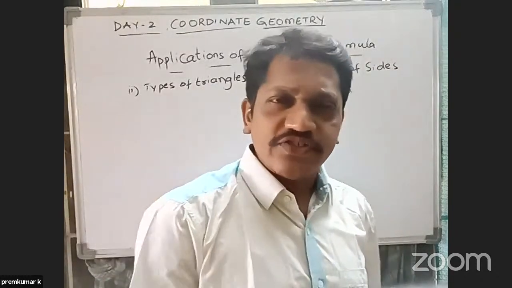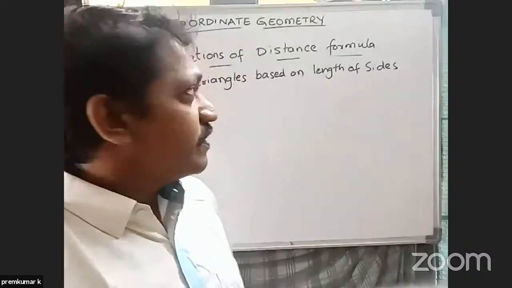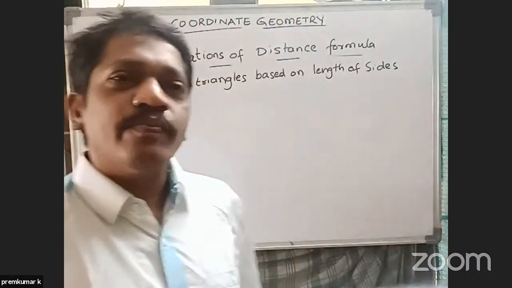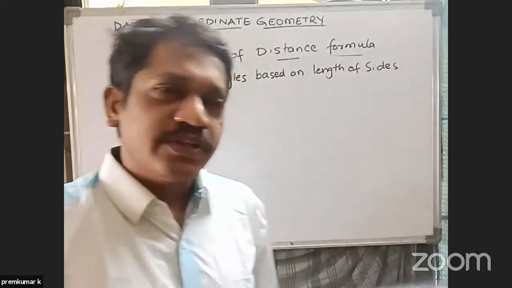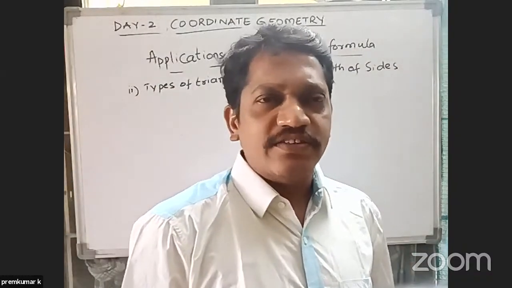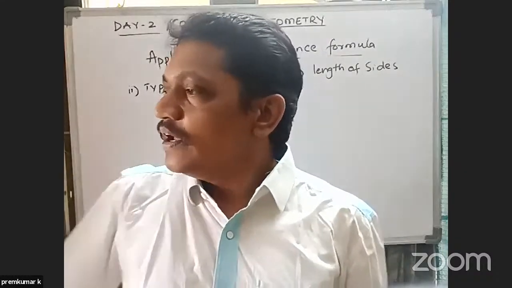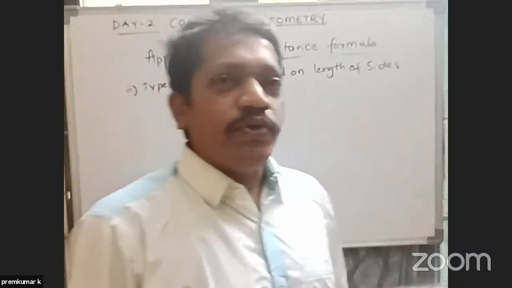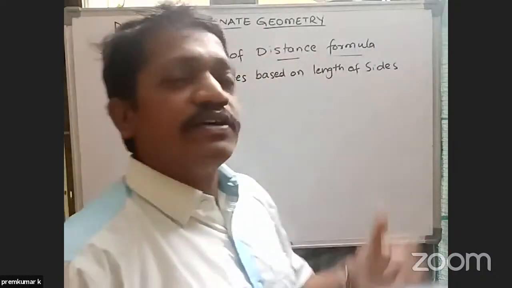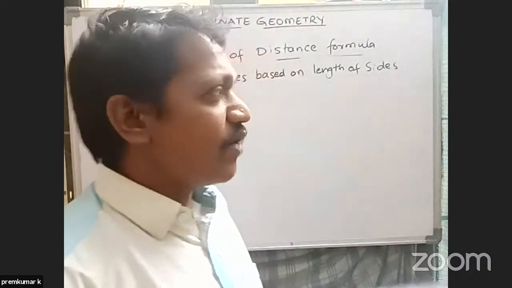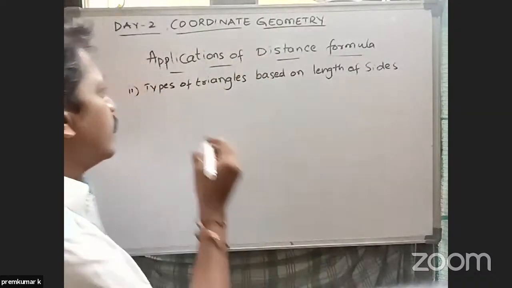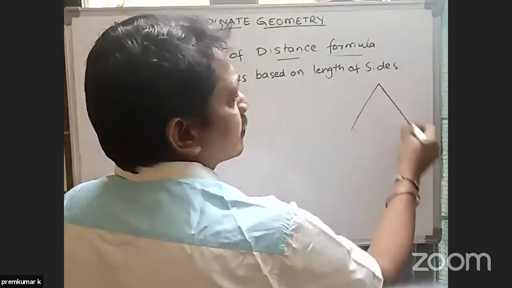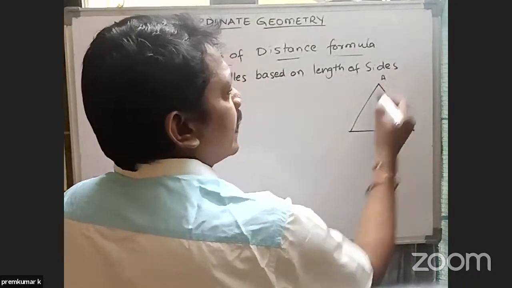In our lower classes, you learned that triangles are differentiated by the length of the sides and the measurement of the angles. Now, in this area, we are using only the length of the sides. Now, if the 3 sides are written as A, B, C.